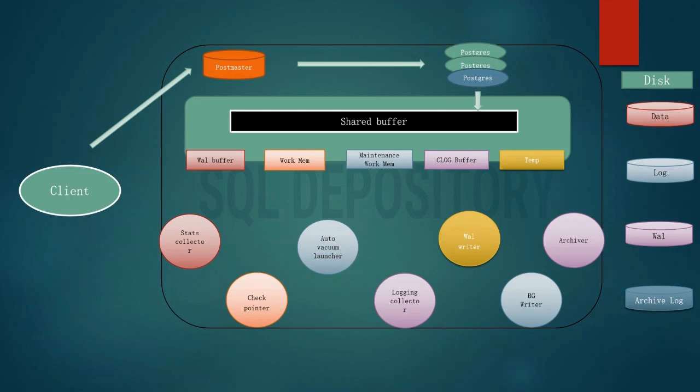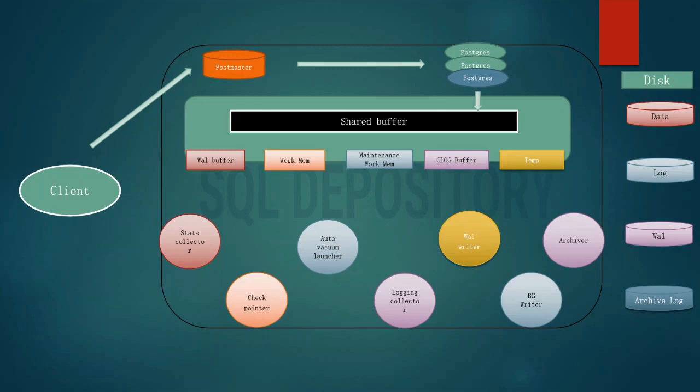And then you have the Wal Writer, which will write the write ahead log buffer from buffer to disk here. Then you have the BG writer, which will write the modified pages or dirty pages from shared buffer to disk. So these are the processes, and this is what they do.